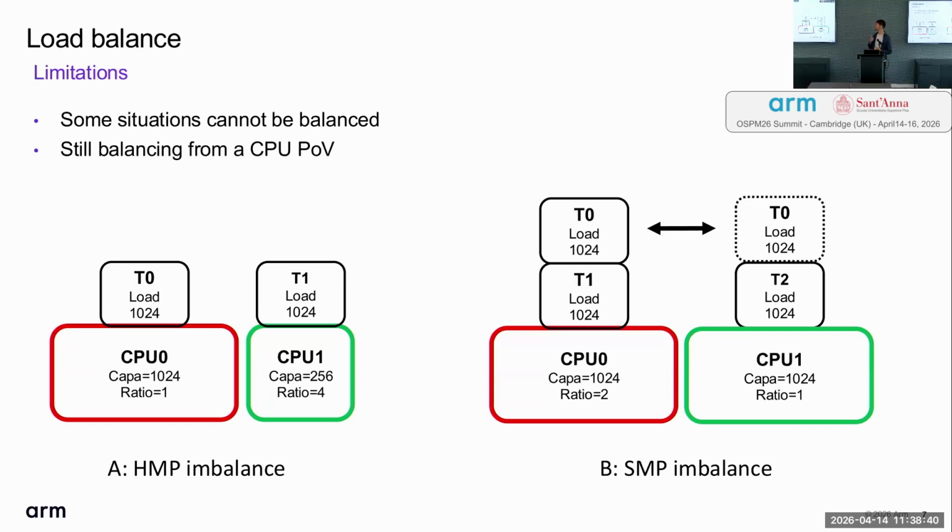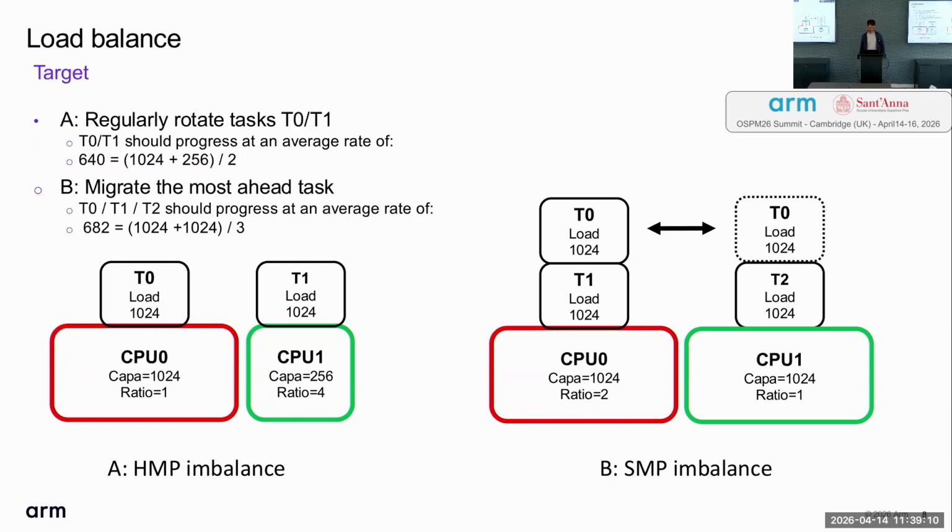So you pick one task to balance it, and then after some time, CPU 0 is going to pull back one of the tasks, but because it's a random choice, T0 might always be picked, which means that T0 is always going to share the CPU with another task, and T1 and T2 are going to progress a bit faster than T0. So it's also a bit unfair, but we are not handling this case right now.